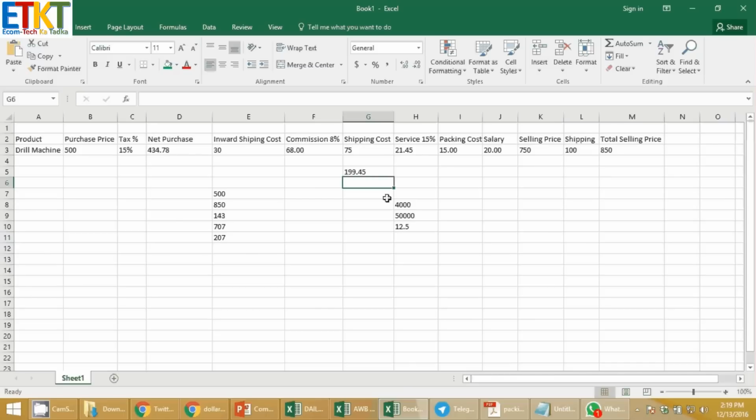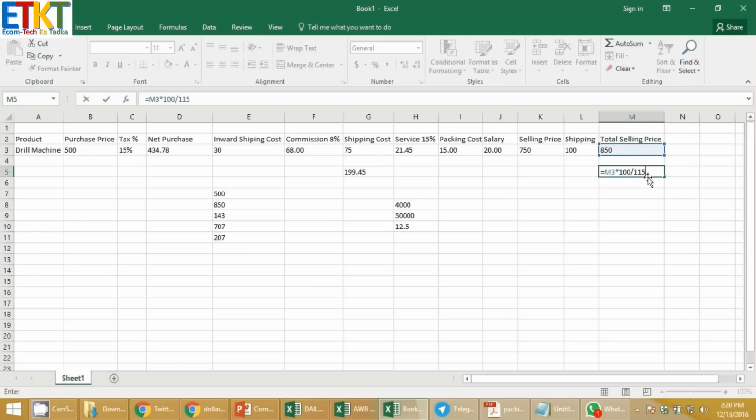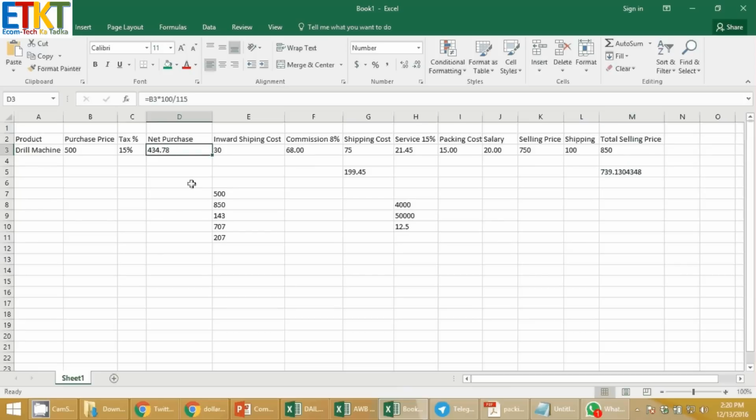There is one more thing that you have to calculate, and which we often ignore and often forget. Okay, the selling price. Now the selling price is including tax. Just bifurcate it without tax. Now this is the selling price. Okay, now you have to consider this as the selling price and this as the purchase price.